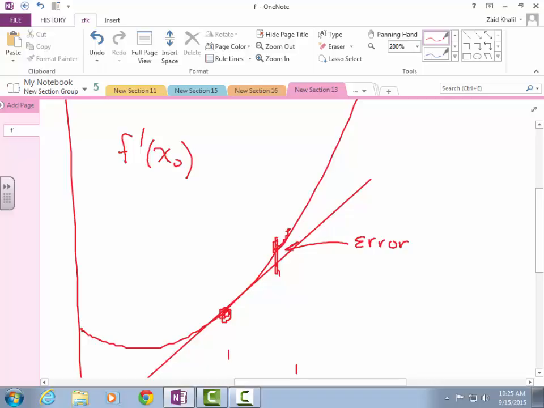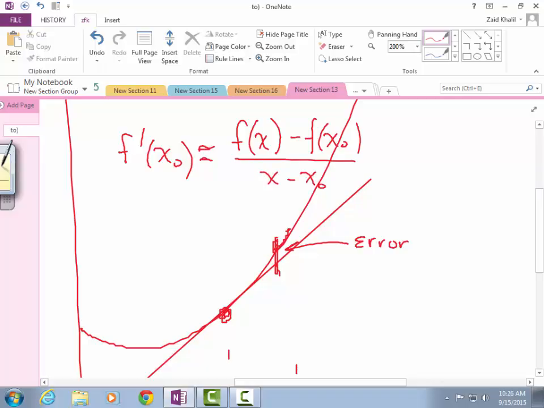Well, it's approximately equal to f at x minus f at x0 over x minus x0. So therefore, we can use this to find our approximate f of x. We rearrange, we get f of x is equal to what?